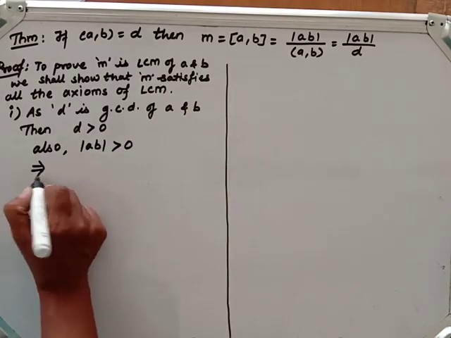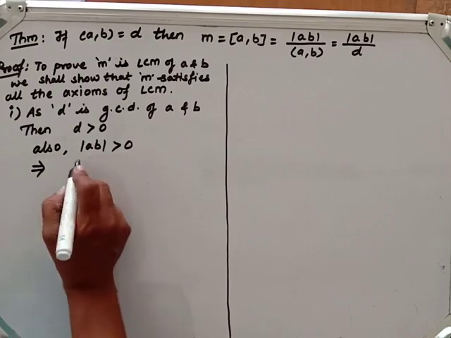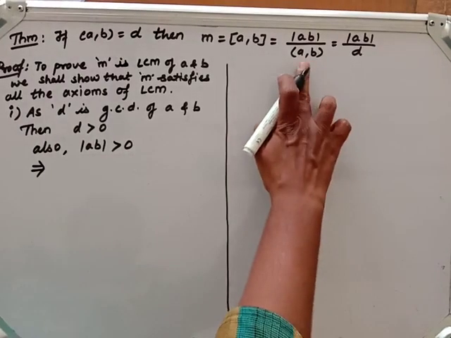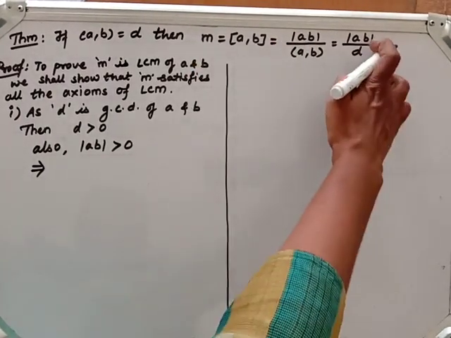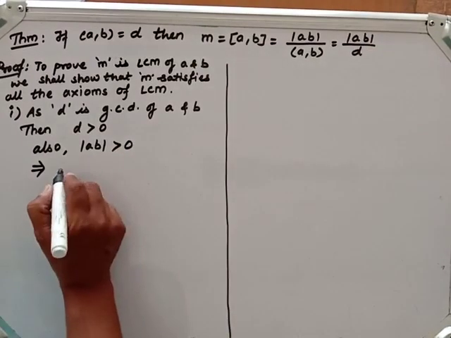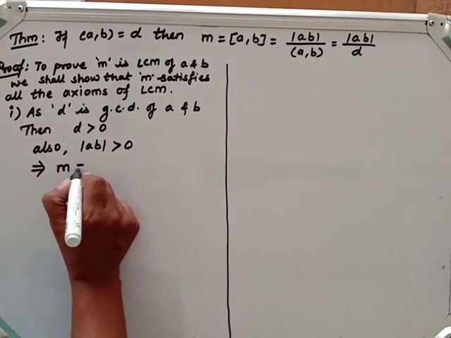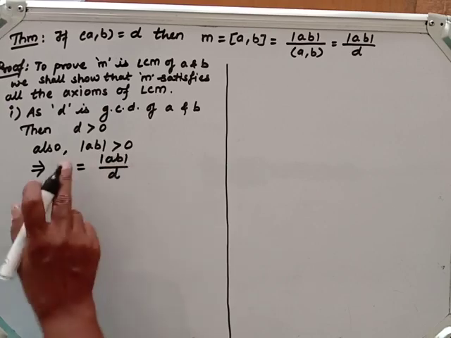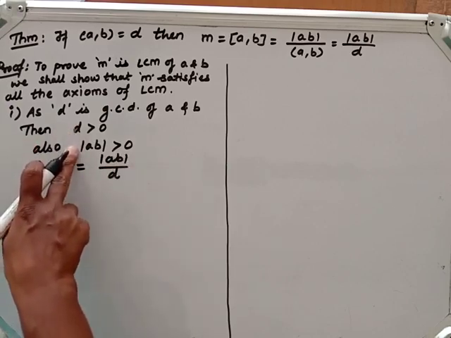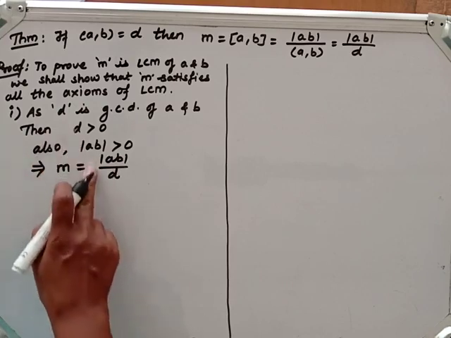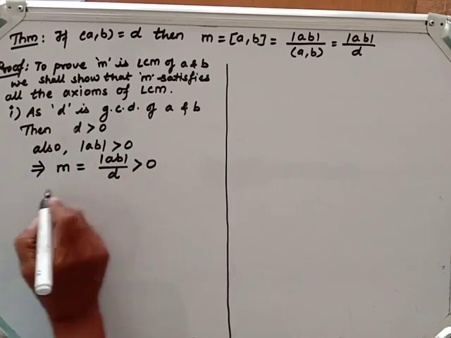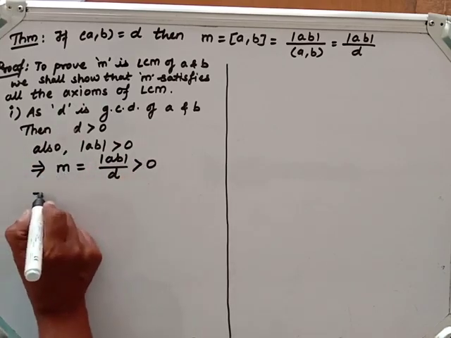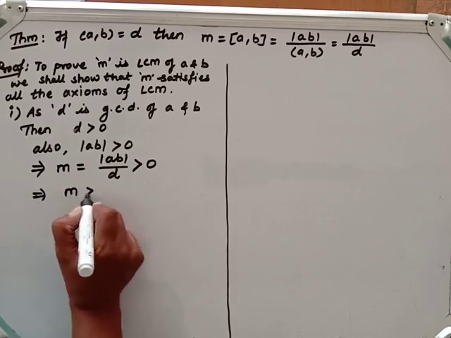So what does this say? This M is nothing but mod of AB upon D. These two numbers are positive, so their division is also positive, and let it be M. So this says M is positive.